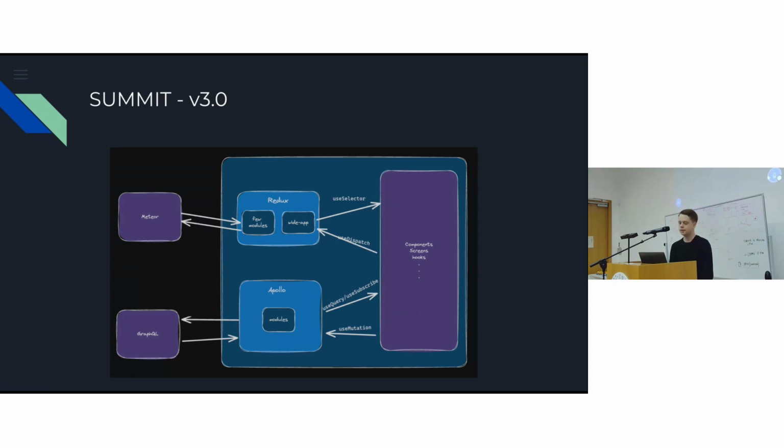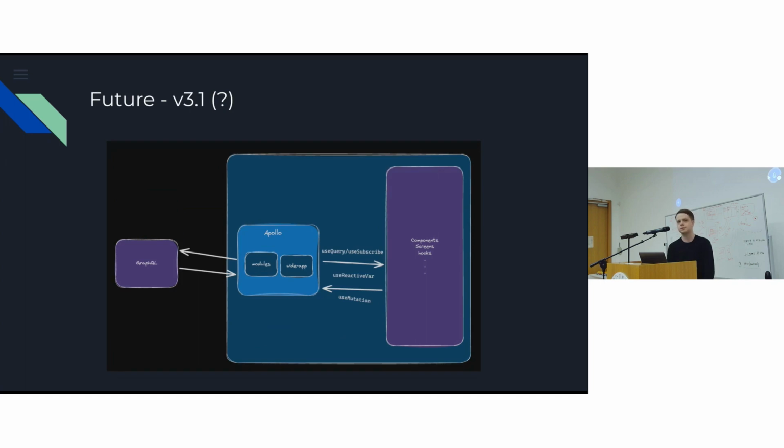So in 3.0, we still have Meteor, so we have to keep the Redux and ease our handling of things in this version. But in 3.0, we're probably going to wipe the whole Meteor stuff from the application and connect with only the GraphQL stuff.